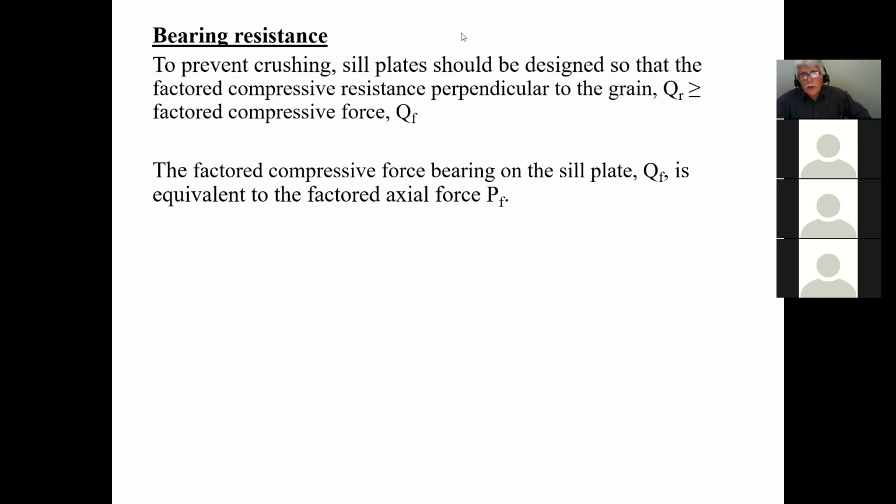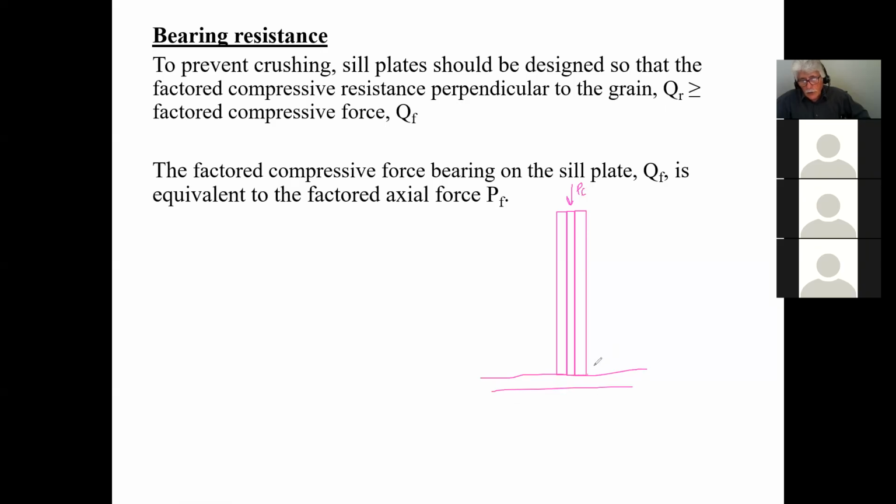So basically what they're saying here is, if I have a 1-ply, 2-ply, if I decide to do a 3-ply column, and of course here I have my PF, and I'll have a sill plate here that it is sitting on.